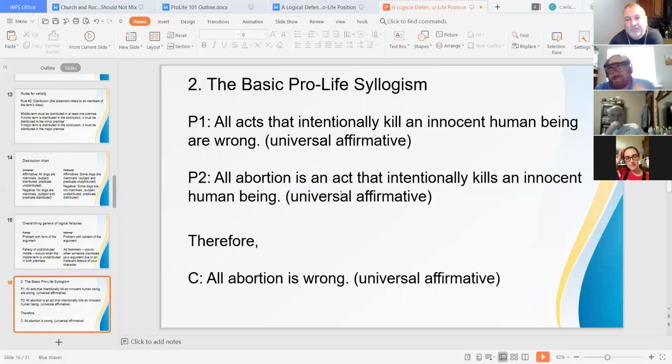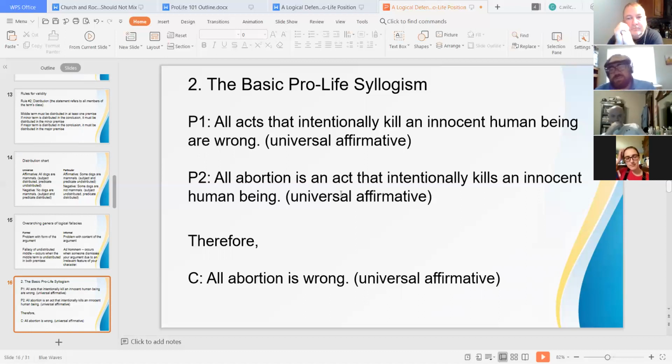He definitely likes to hammer home the concept of the syllogism. Well, this is kind of a more fundamental reason for why it's so important to focus on this syllogism. So I've just given you the basic tools to understand how to analyze a syllogism. So I've given the basic pro-life syllogism here.